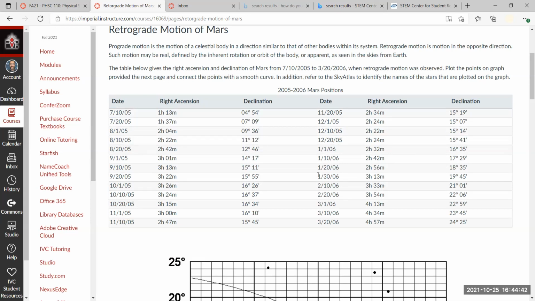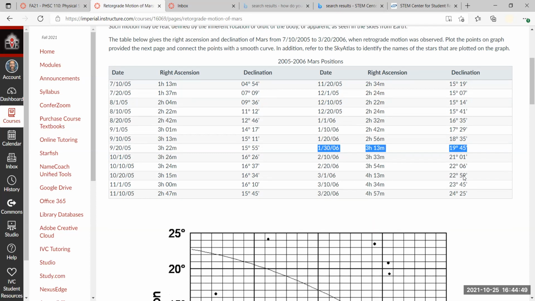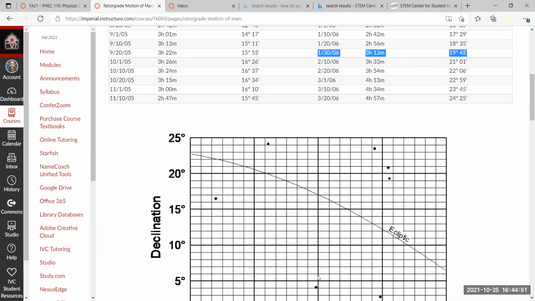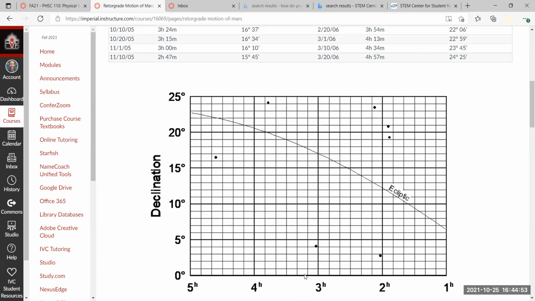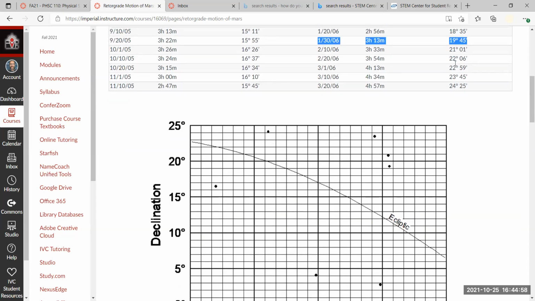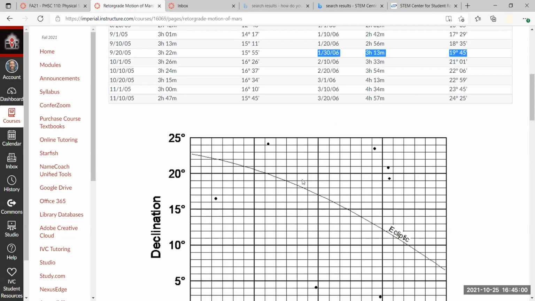For example, January 30th, 2006, that's the right ascension, and this is the declination. So 3 hours and 13 minutes. This is 3 hours, 10 minutes, 13 minutes is in here. And 19 degrees and 54 minutes. So 19 degrees is somewhere in here. This is 19. 45 minutes is almost 20 degrees, by the way, three-quarters of the way. Okay.